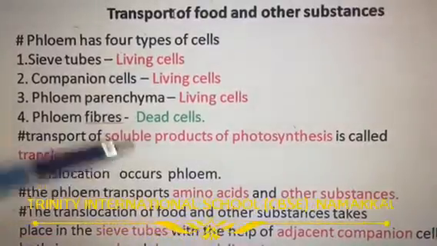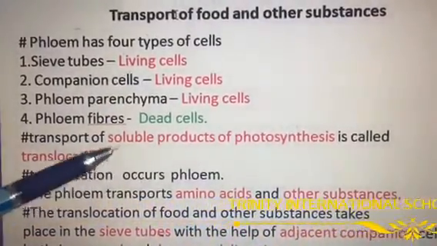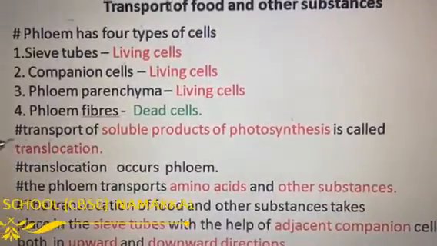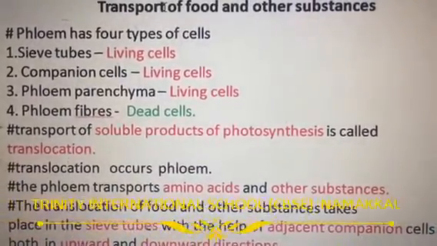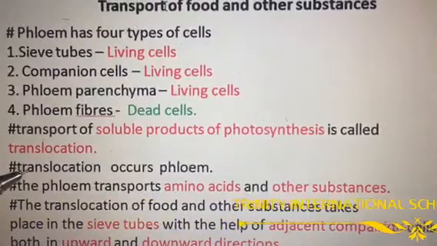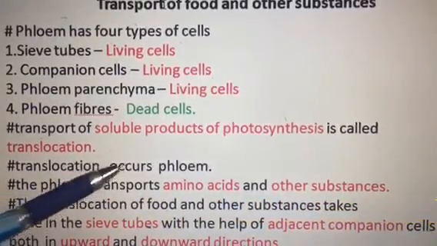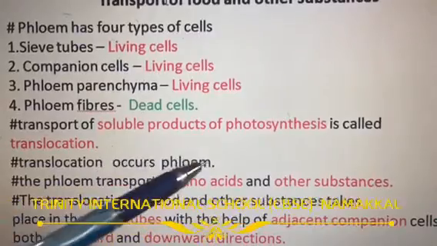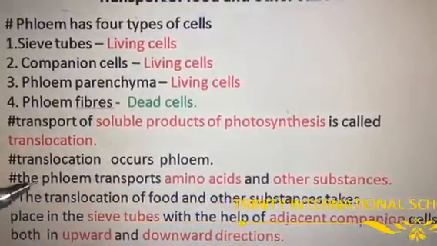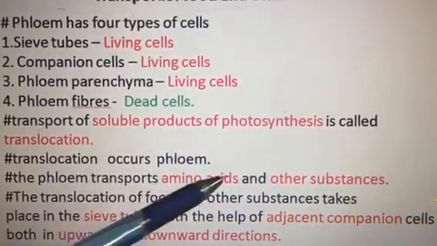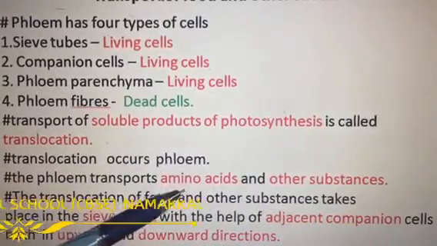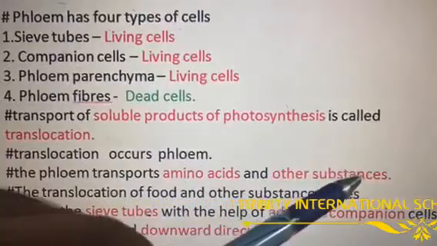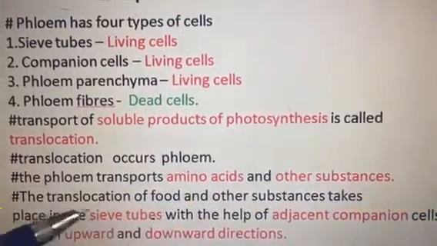So the glucose is transported from one part to another, and that is called translocation. This translocation occurs in phloem. The phloem transports not only glucose, but also amino acids and other substances.